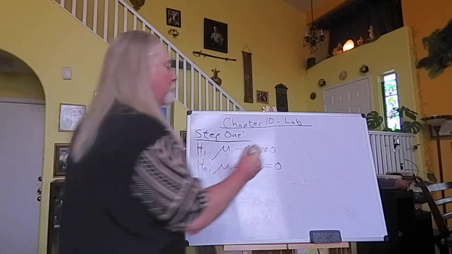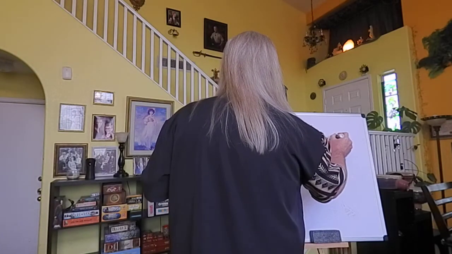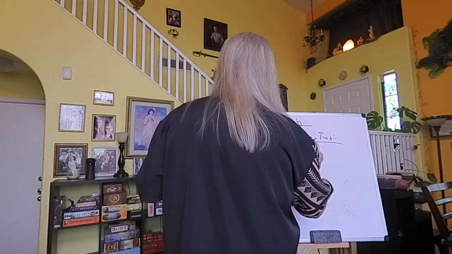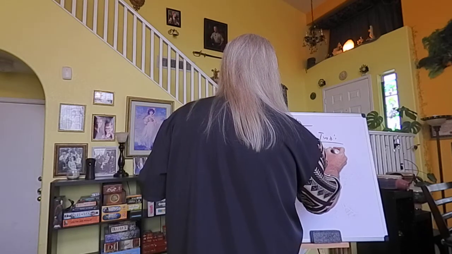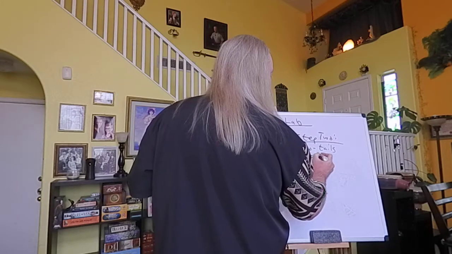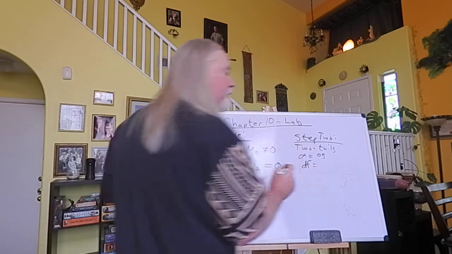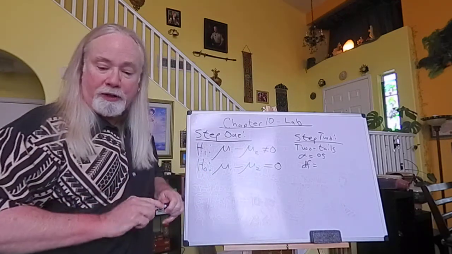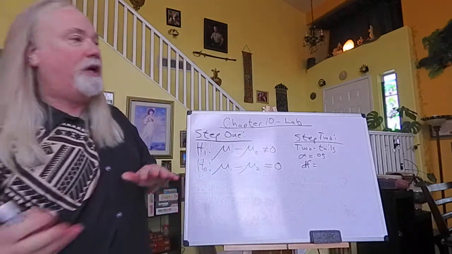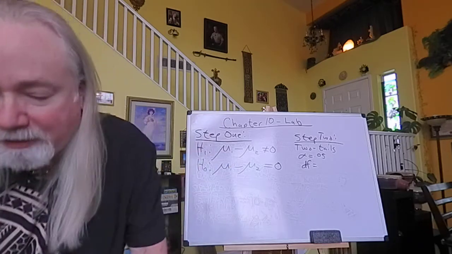For step 2, again, we know it's two tails. We know that the alpha level was 0.05. And for our degrees of freedom, remember, we want the total degrees of freedom for the whole study. So degrees of freedom for the first sample plus degrees of freedom for the second sample.